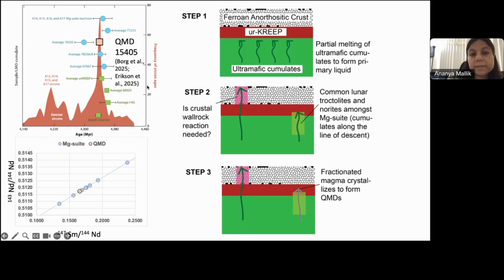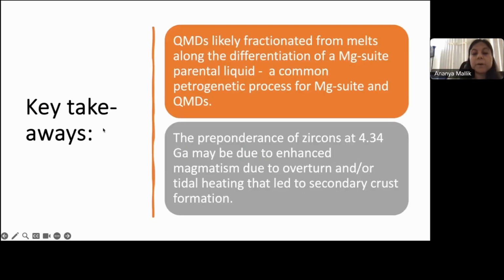And so we investigated this process where we have a partial melt from the upper mantle that crystallizes, and as it fractionally crystallizes, the cumulates form the Mg suite, and then we find that the evolved liquids actually form the QMDs. So the key takeaways from this part of the talk are that the quartz monzodiorites likely fractionated from melts along the differentiation of an Mg suite parental liquid, which suggests a common petrogenesis for the Mg suites and the QMDs.